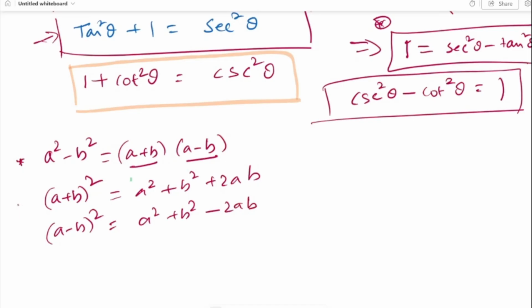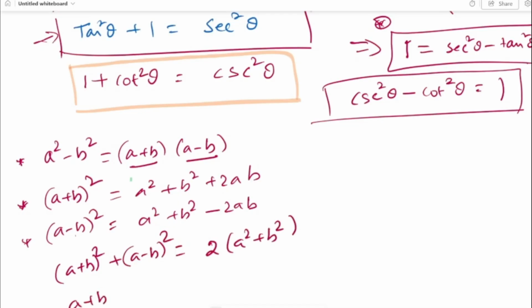All these formulas, you must remember them because sometimes we use them a lot in simplifying. One cool trick is that whenever you add these two, a plus b whole square plus a minus b whole square, these two cancel off and we get 2 times a square plus b square.